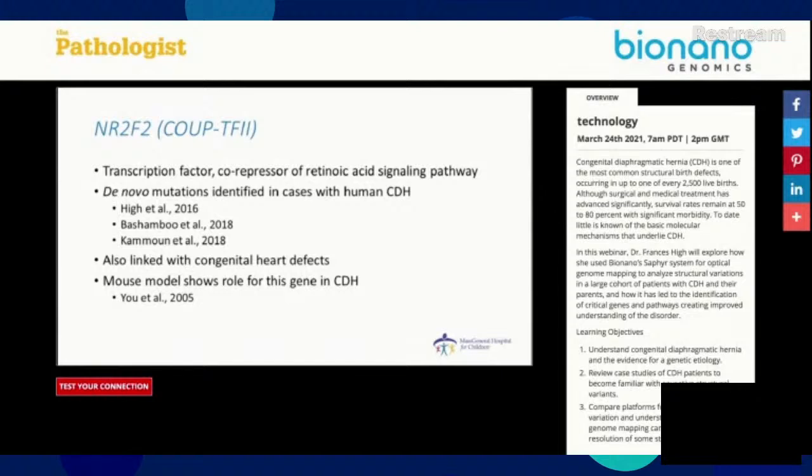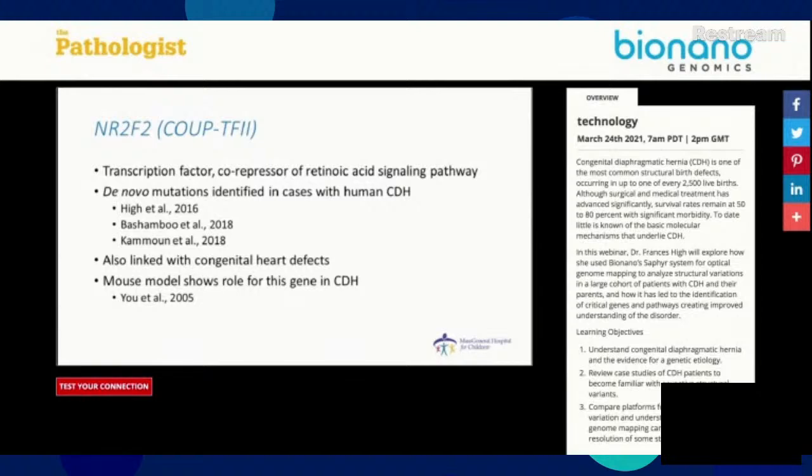And so this was a very interesting candidate gene for us to be the major causative gene involved in 15q26 deletions as a causative factor for CDH. We and others have identified de novo sequence variants in cases with human CDH.